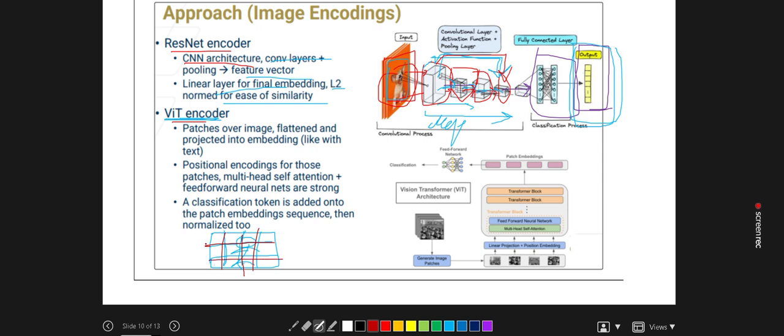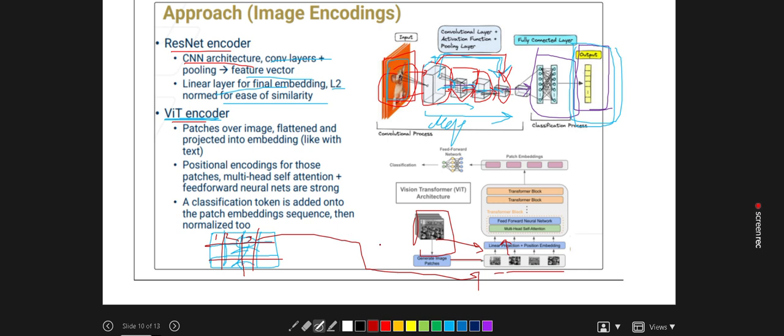Now this is patch 1, this is patch 2, this is patch 3. We pass these patches here. So this was an image, we generated the patches, and then the patches were passed into the model.